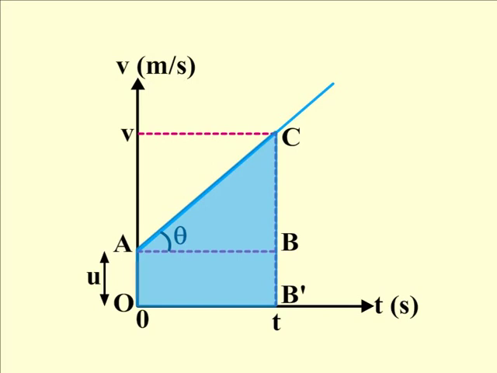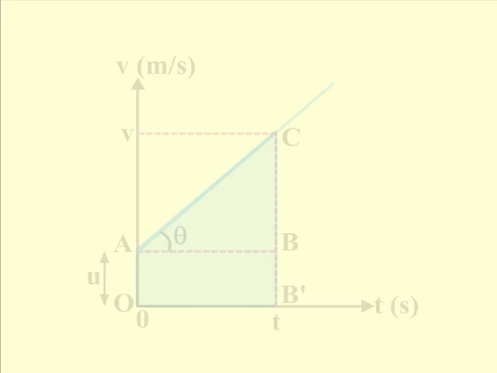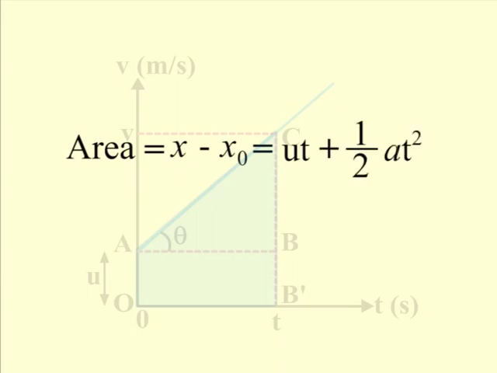Since OA is equal to u, B'C is equal to v, and OB' is equal to t, using the relation for velocity-time, we can rewrite the area as x minus x0, which is further equal to ut plus half at square. We can further rewrite the relation as x equal to x0 plus ut plus half at square.